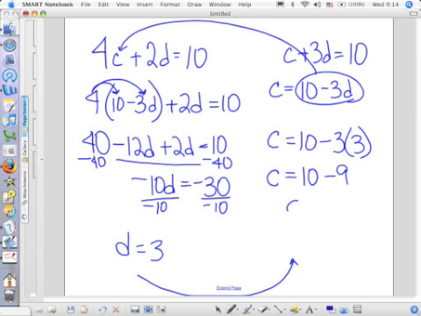So C has a value of 1. And like I said, this is an actual ordered pair that you can plot on a graph. Even though it's not X and Y, C would be representative of X and D would be representing Y. So your final answer is the ordered pair 1, 3 in the first quadrant, like Thomas said. Any questions on solving through substitution?